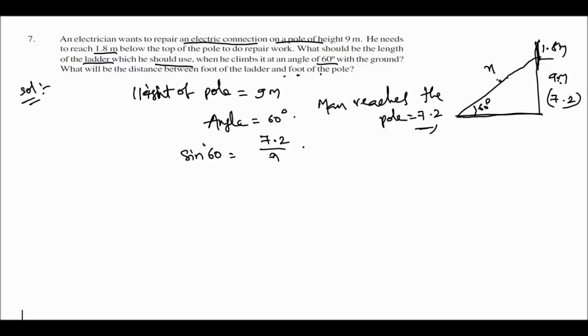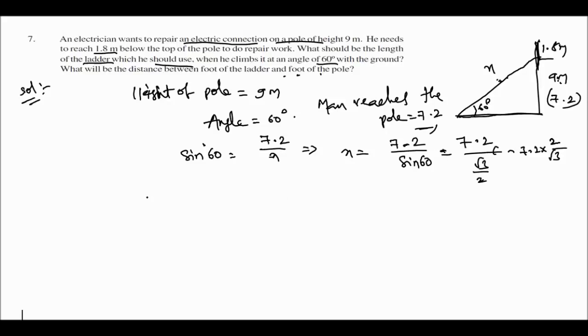So x is equal to 7.2 divided by sin 60. Sin 60 is root 3 by 2, so it goes up and down, and 7.2 into 2 by root 3 will come.